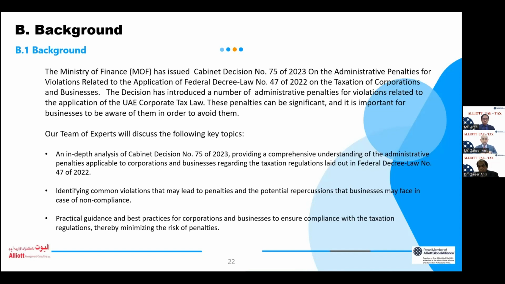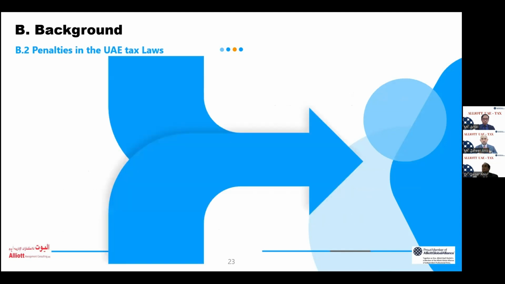From that, we're going to discuss the following topics. We'll make an in-depth analysis, providing an understanding of these administrative penalties, identify the common violations that may lead to penalties and the repercussions that businesses may face, and then give some practical guidance and best practices for corporations and businesses to ensure that you're complying, thereby reducing your risk of running afoul of these rules.